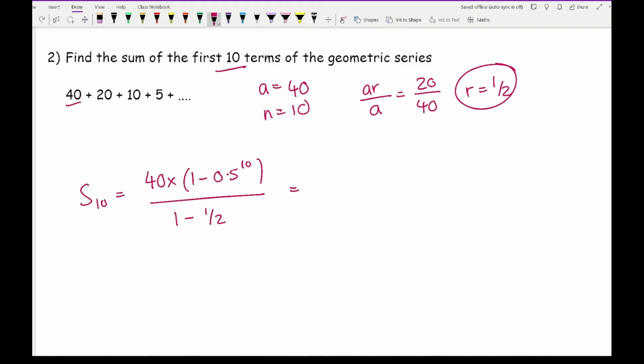Again, if you want to use a half, like 1 over 2 instead of 0.5, that's absolutely fine. It should give you correct answers. I always find when using a calculator, sometimes the decimal version does prove handy. So from this, I get that the sum of the first 10 terms is going to be 79.921875. There is my final answer.